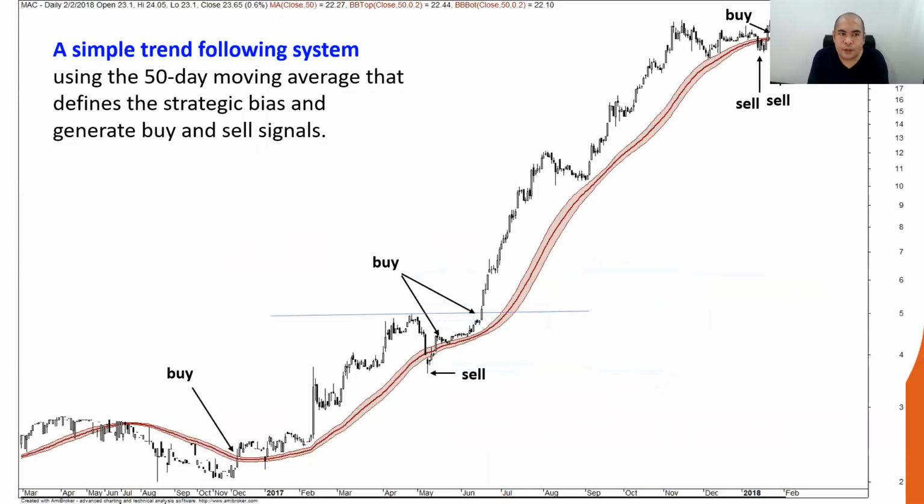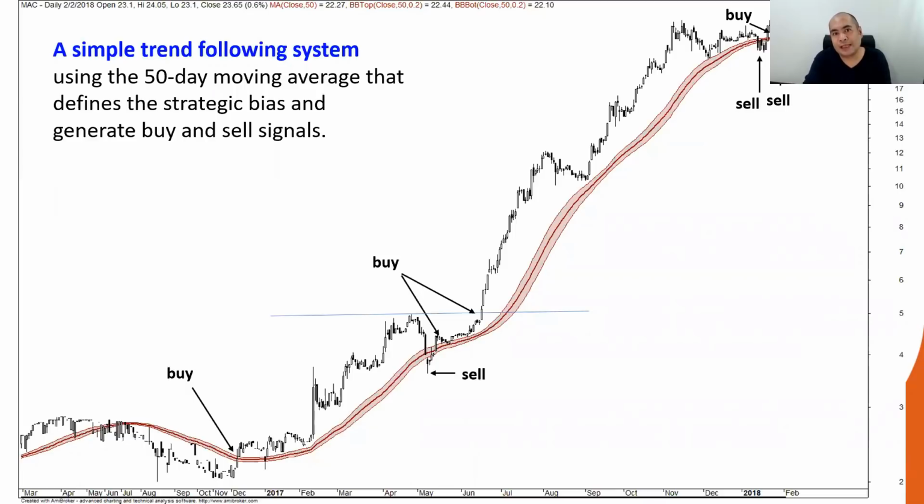To put it in another way, a typical trend-following trading system uses a 50-day moving average, for example, to define the strategic bias for a trade. If price is above the 50-day moving average, the bias is bullish.